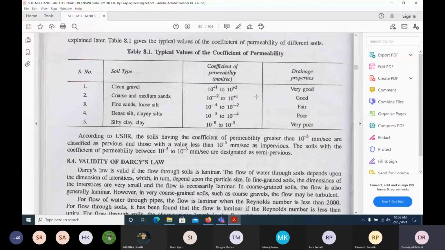Then fine loose silt, dense silt, clay silt, and silty clay. Silty clay, not clay silt. Understand? In silty clay, clay is predominant. Clay is more, but it is silty.